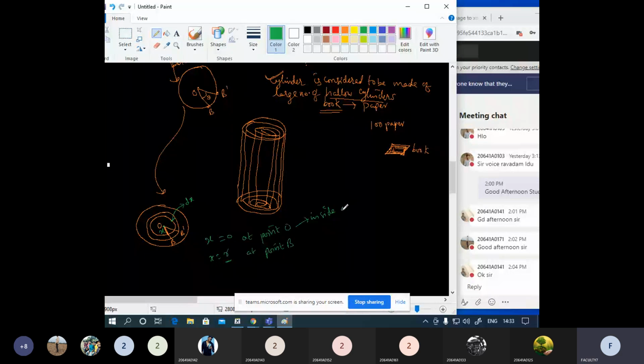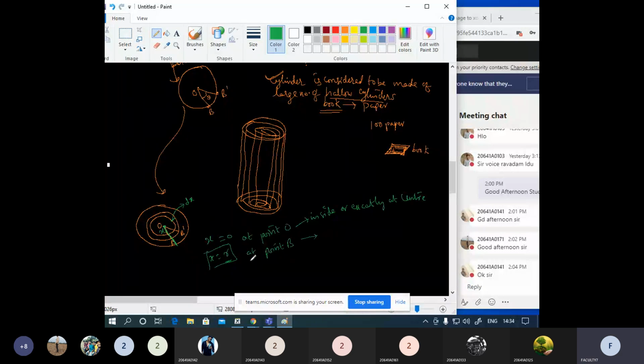If x equals R, from this point to a distance of R, this is the radius of the circle.